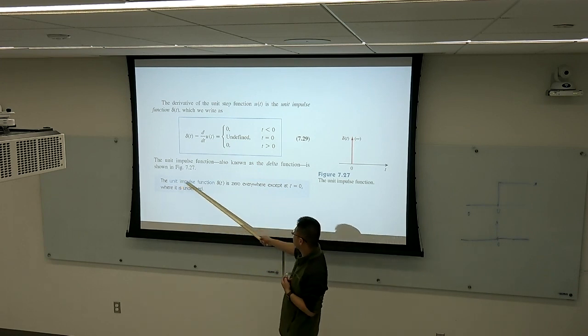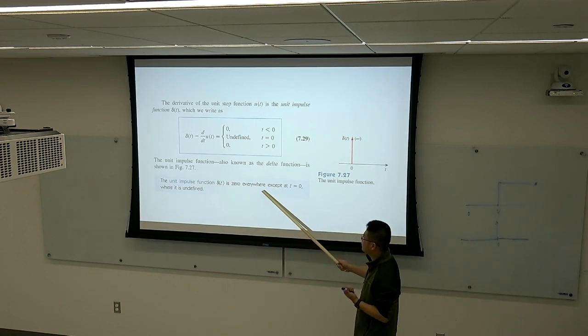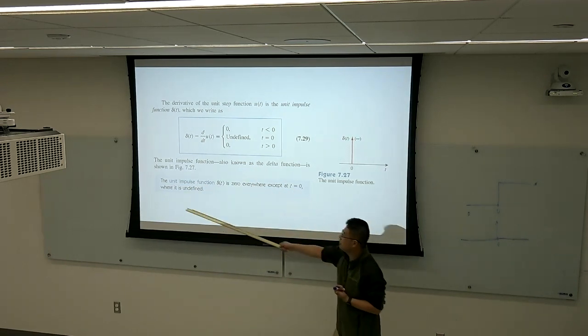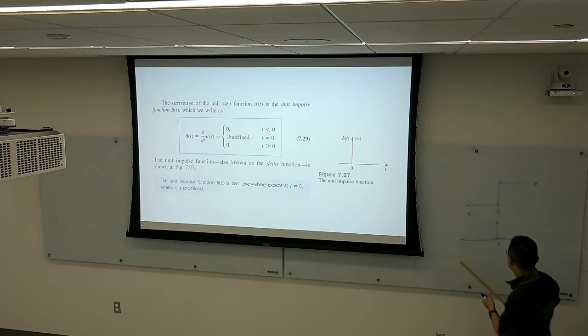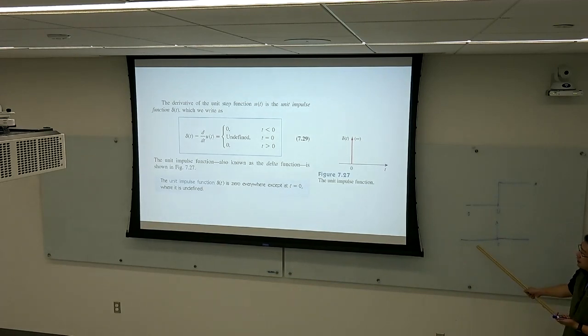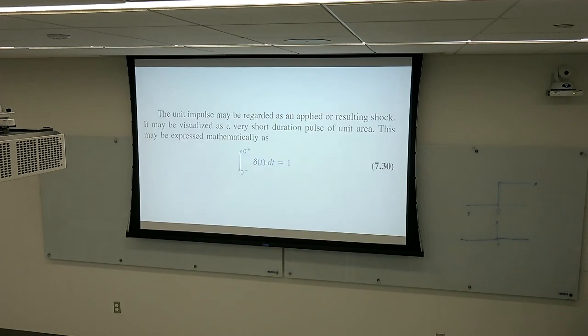So the unit impulse function is 0 everywhere except at t equals 0, where it is undefined. The value of this function at time 0 is not defined. But the integration of this function, the unit impulse, may be regarded as an applied or resulting shock. It may be visualized as a very short duration pulse of unit area.